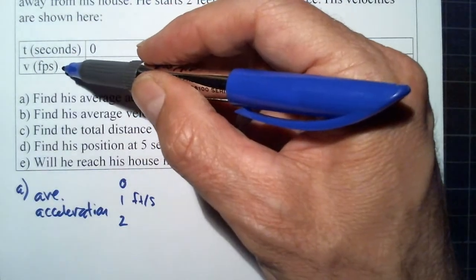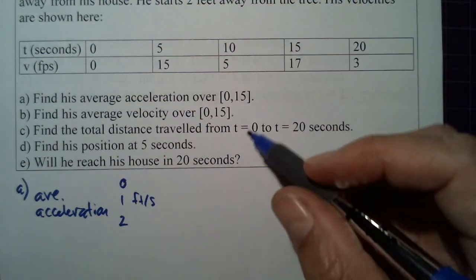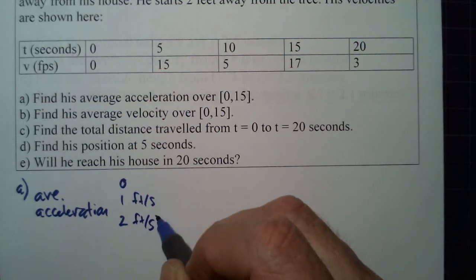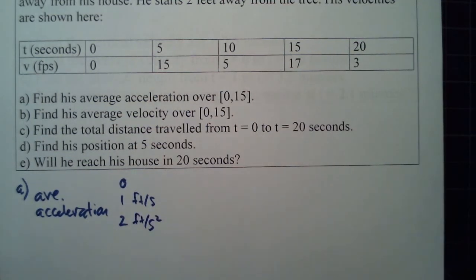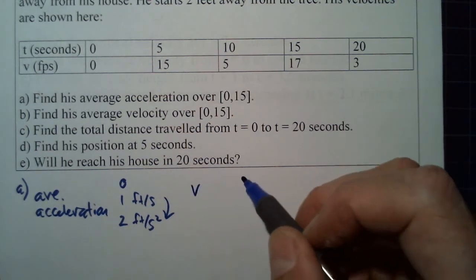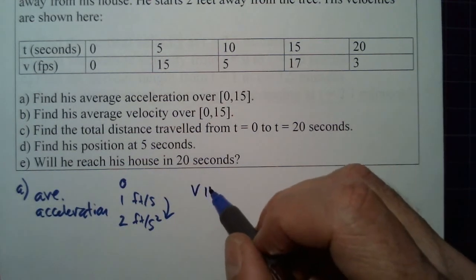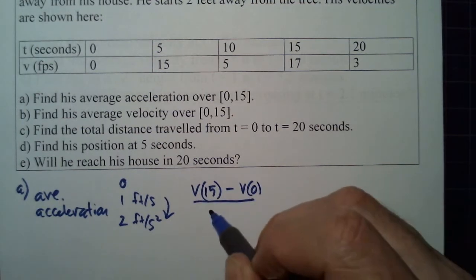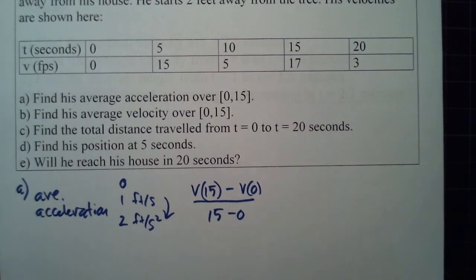It's asking for acceleration, which is feet per second squared. That means we're going to move down a level. That means we need to find a slope, and it does say average, so we're going to be using the slope formula. We'll have velocity at 15 seconds minus velocity at 0 seconds over 15 minus 0.